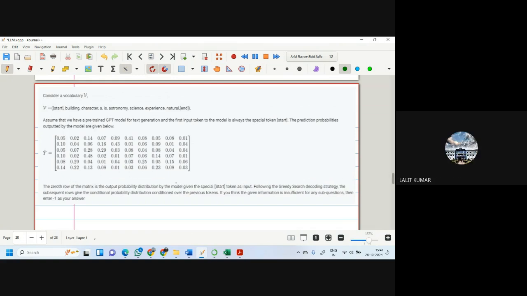Consider a vocabulary V. Assume that we have a pre-trained GPT model for text generation, and the first input token to the model is always the special token start. The prediction probabilities outputted by the model are given below. So see, this is start, and start has given these probabilities, and we can map all these vocab words to the probabilities. Is that okay? Yes, sir.